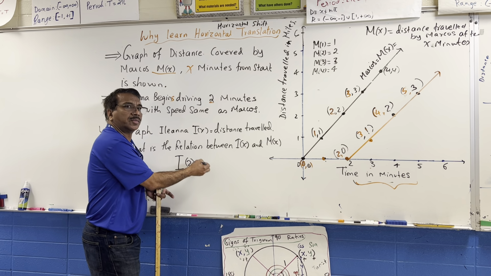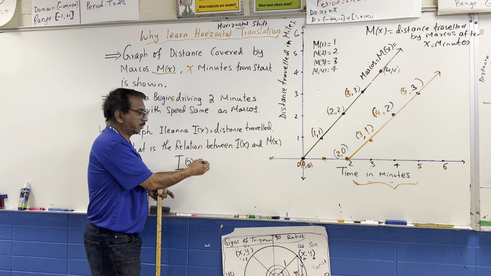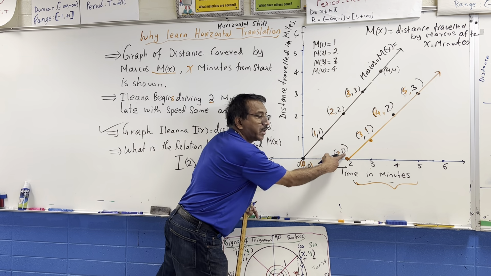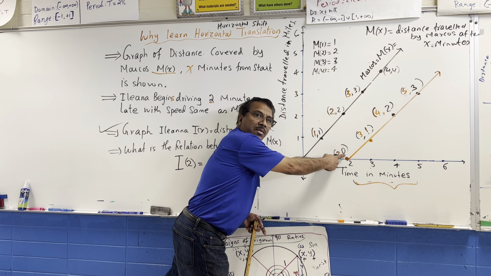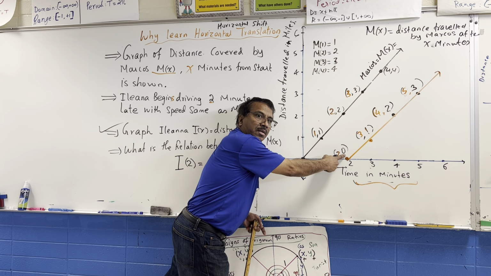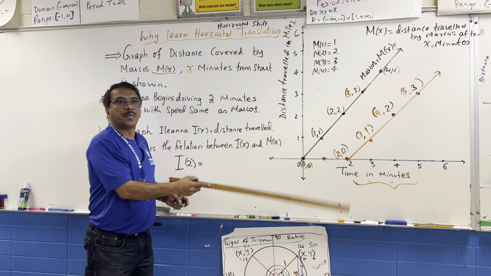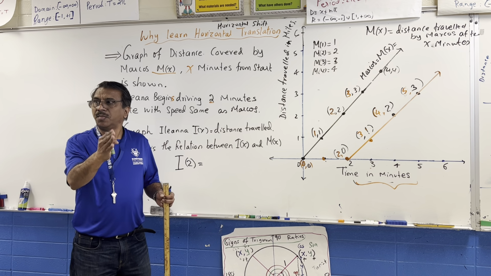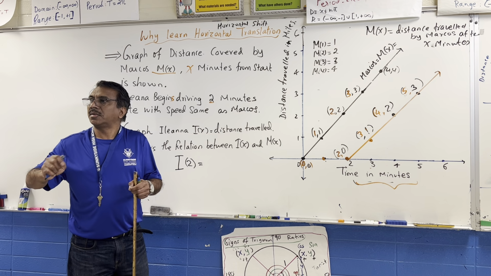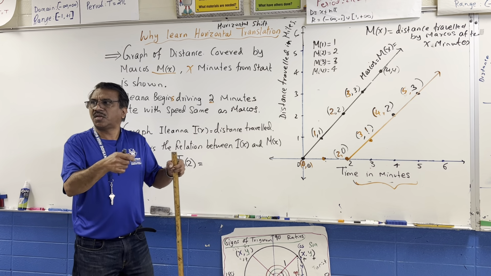What should I write here? What is the distance? What is the output you see here? What's the output? 0, correct? Look at this. Because in 2 minutes, you did not cover anything. You just begin, right?